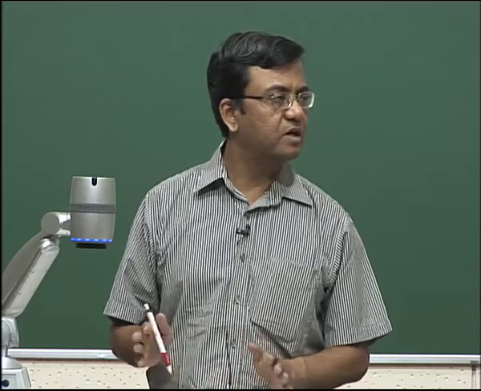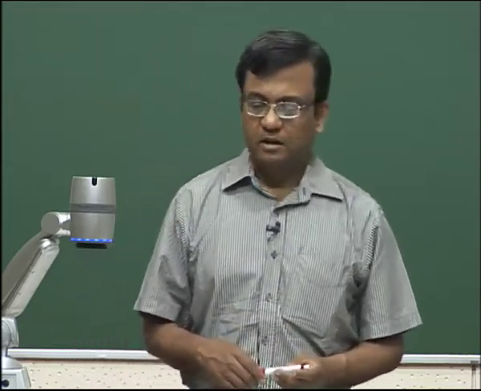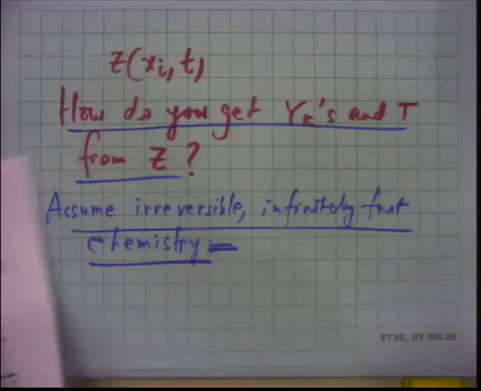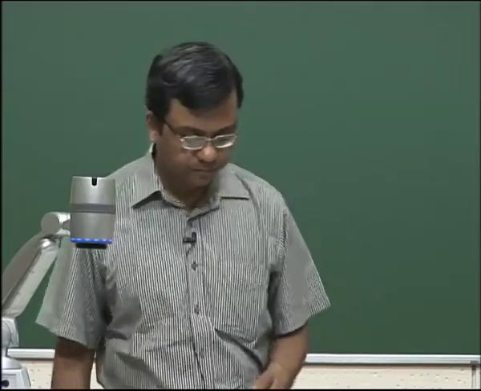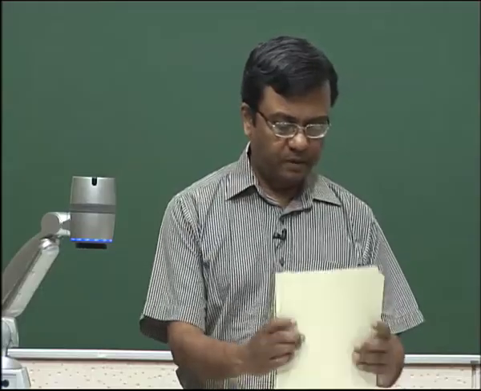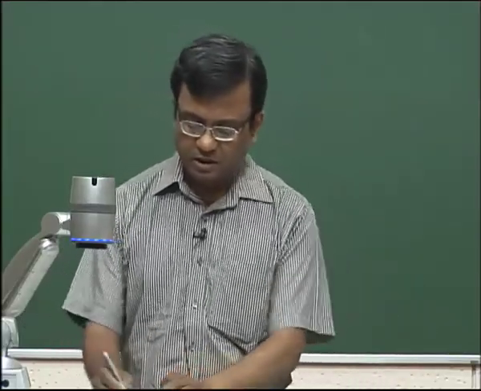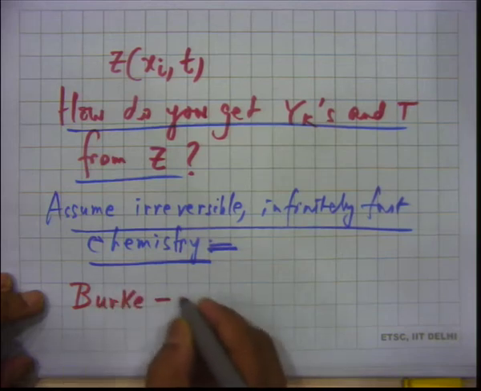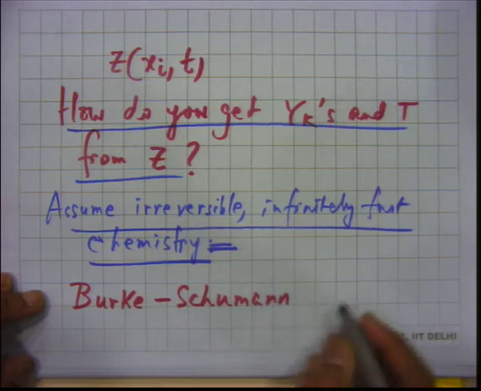So this much we remember from a previous discussion. Now we are going back to a similar assumption: infinitely fast irreversible chemistry. If you have a situation like this, the flame structure that we get is known as a Burke-Schumann structure.